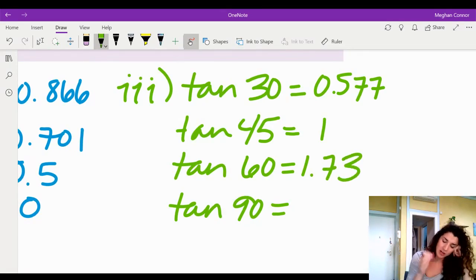I think it said 3 significant figures, so I'm going to keep doing 3 significant figures. And if I remember correctly, tangent of 90 is undefined.